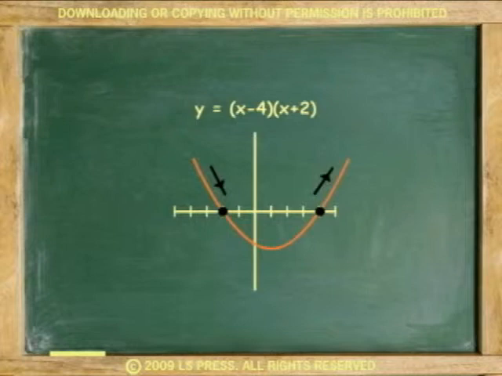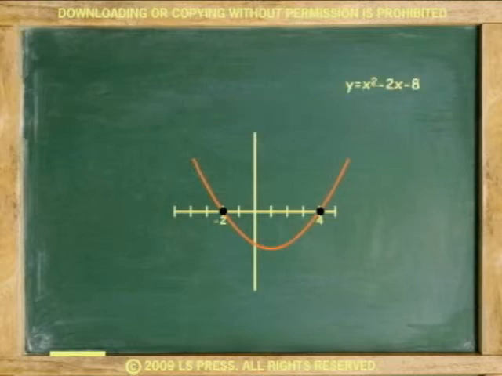Specifically, notice how the curve comes down and crosses the x-axis at -2 and comes back up crossing the x-axis again at +4. Factoring a quadratic equation, it is these very points we want. These points become the roots or zeros of the quadratic.